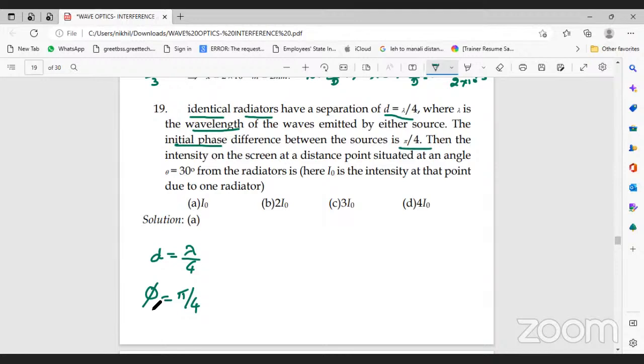Initial phase is pi by 4. Intensity is obtained on the screen, which is at an angle of 30 degree. What is the intensity you have to find at 30 degree? I naught is the intensity due to one of the radiators.